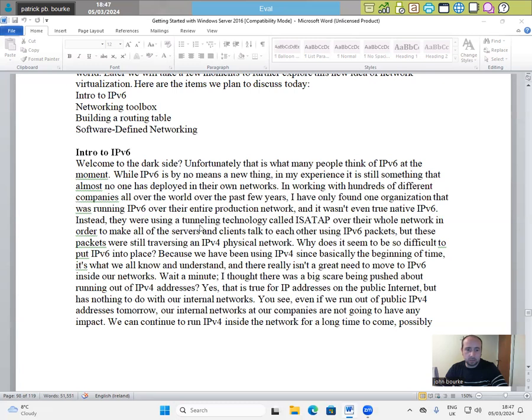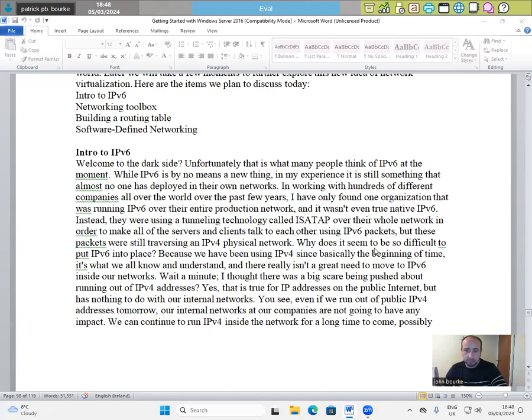Instead, they were using a tunneling technology called ISATAP over their whole network in order to make all of the servers and clients talk to each other using IPv6 packets, but these packets were still traversing an IPv4 physical network.